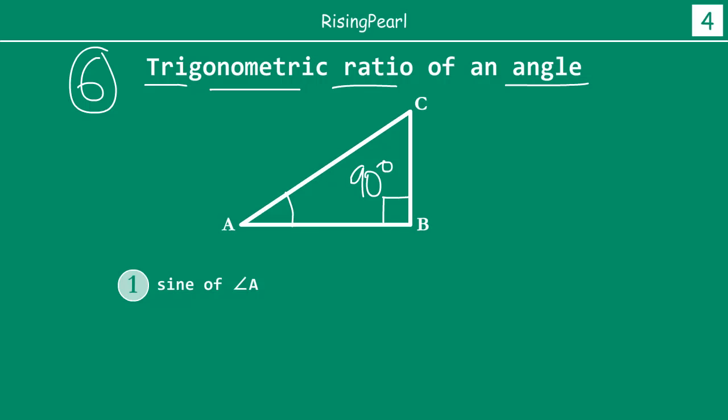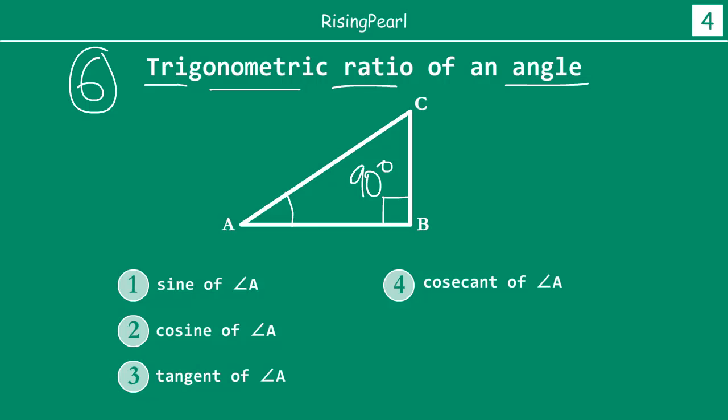First, sine of angle A. Second, cosine of angle A. Third, tangent of angle A. Fourth, cosecant of angle A. Fifth, secant of angle A. And sixth, last but not least, cotangent of angle A.